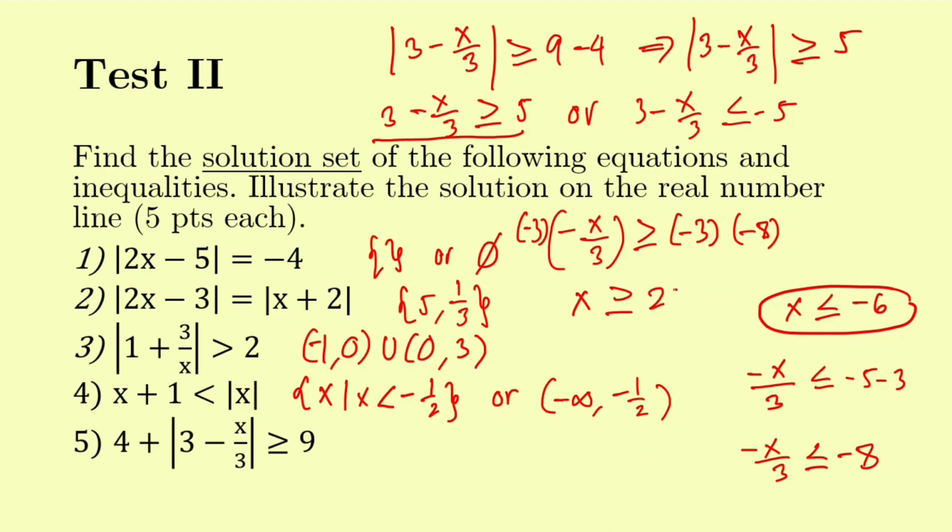So that means meron tayong x na naiwan is greater than or equal to negative 3 times negative 8, which is equal to 24. So ang ating sagot, x is less than or equal to negative 6 and x is greater than or equal to 24. So pwedeng isulat na lang in interval notation. That will be negative infinity, negative 6, kasama si negative 6, so bracket.